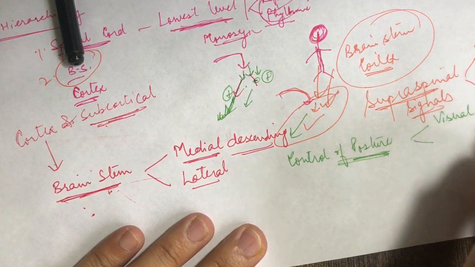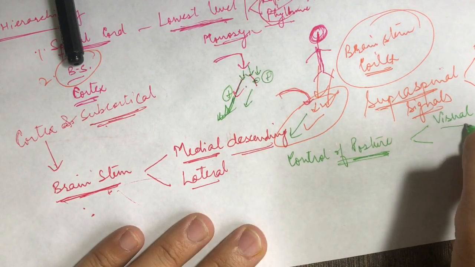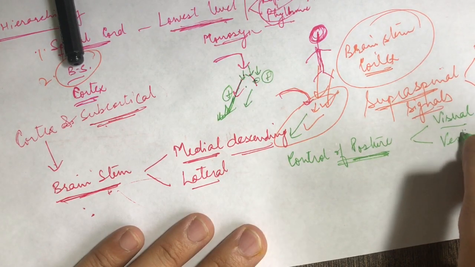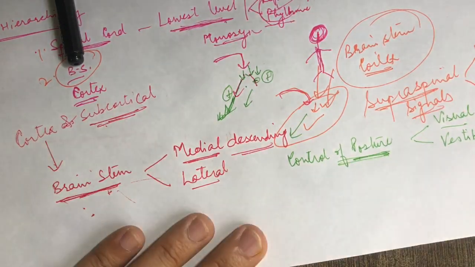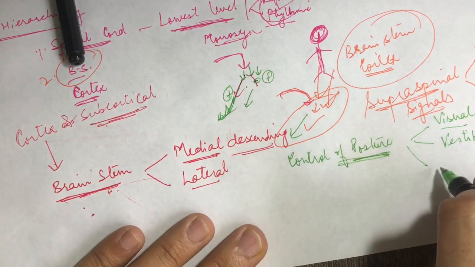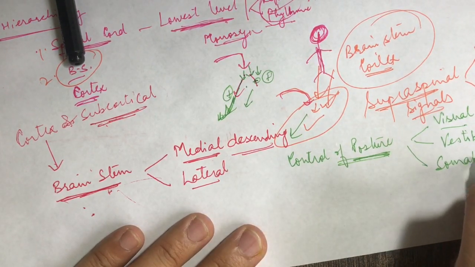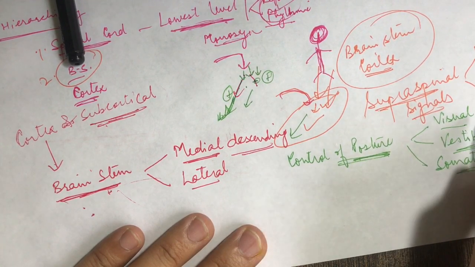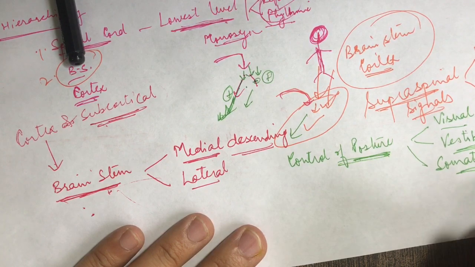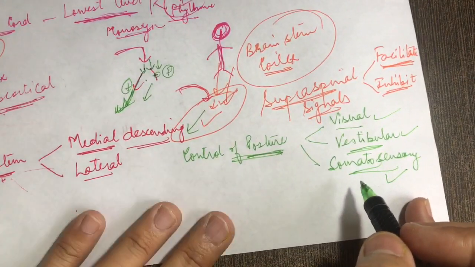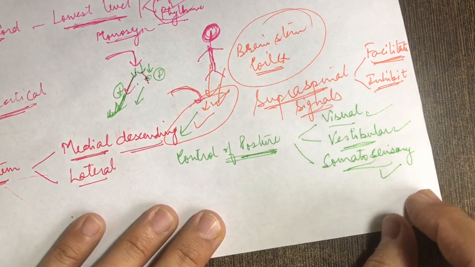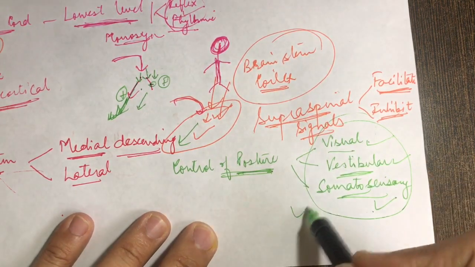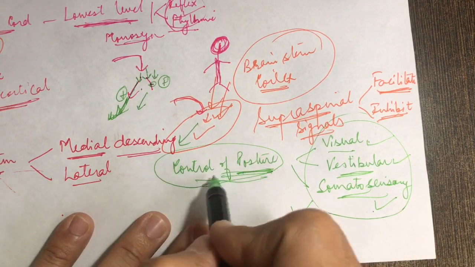First of all, it takes in visual sensation, then vestibular, to maintain equilibrium, and the third one is somatosensory. So it integrates these three: visual, vestibular, and somatosensory sensation. By integrating all three, it helps in maintaining the control of posture.